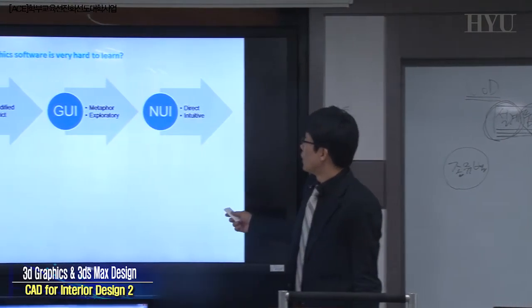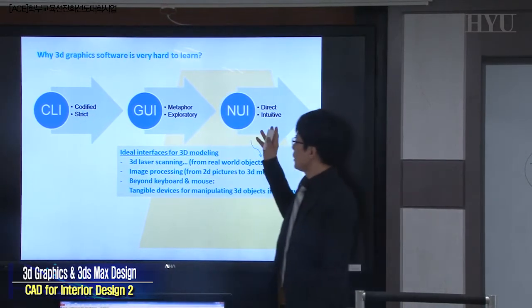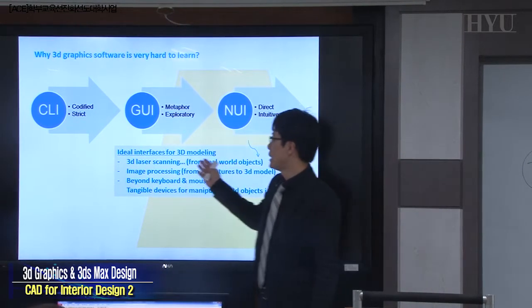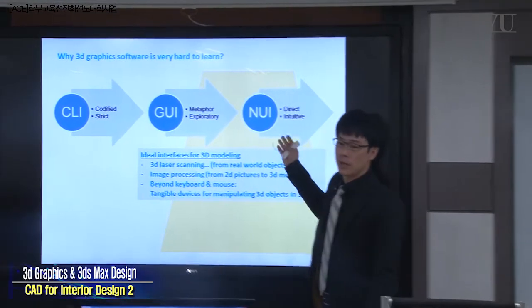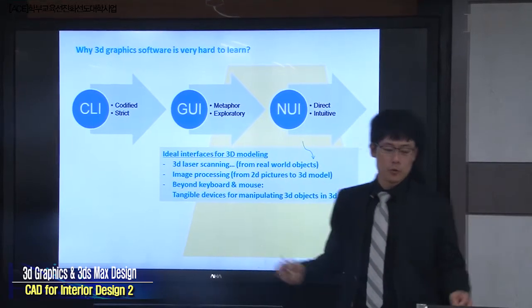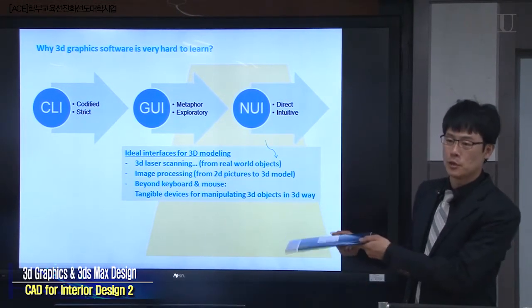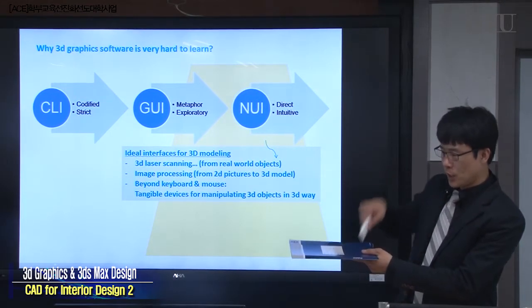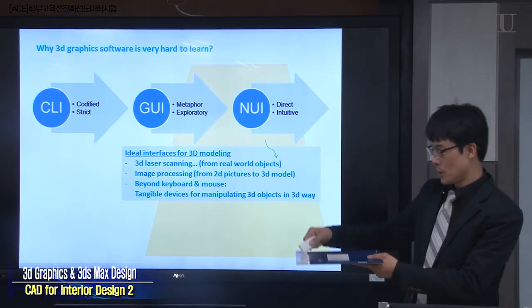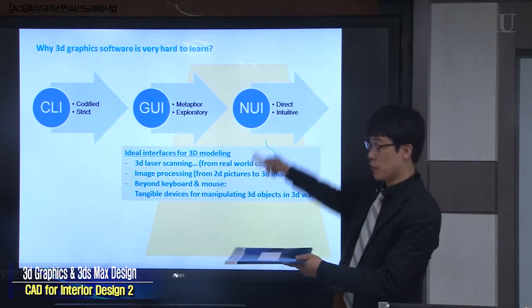But in reality, the ideal interface for 3D modeling is actually NUI. Simply think of a new interface. You click and draw a mountain like this, and the computer generates the mountain.